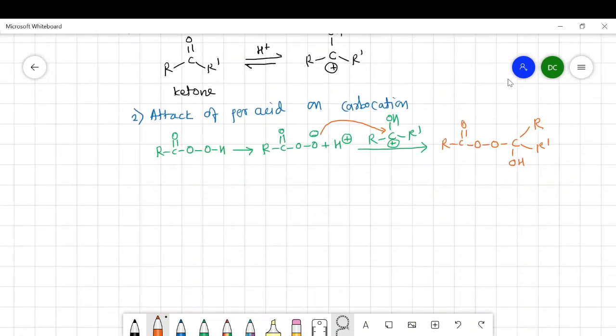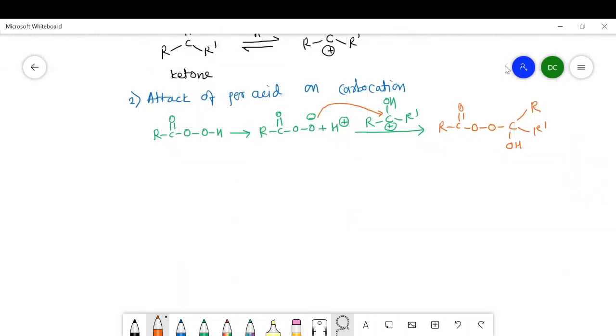Now, if you look at the structure of this compound, it is clear that this oxygen contains a lone pair, this oxygen contains a lone pair, and these are two electronegative atoms. They are joined by a single bond, and that's why the bond between oxygen and oxygen is a weak one and it undergoes breaking.